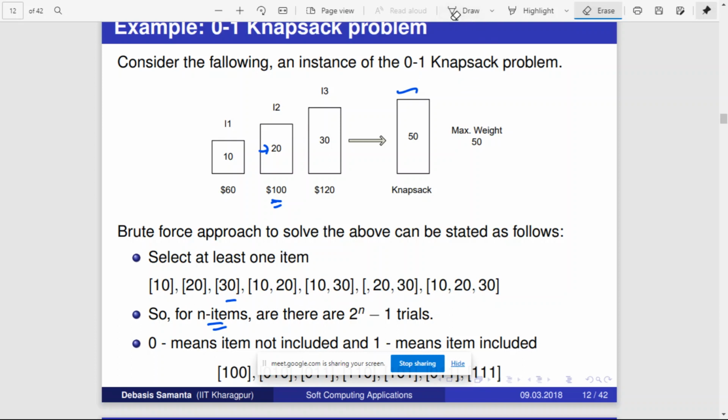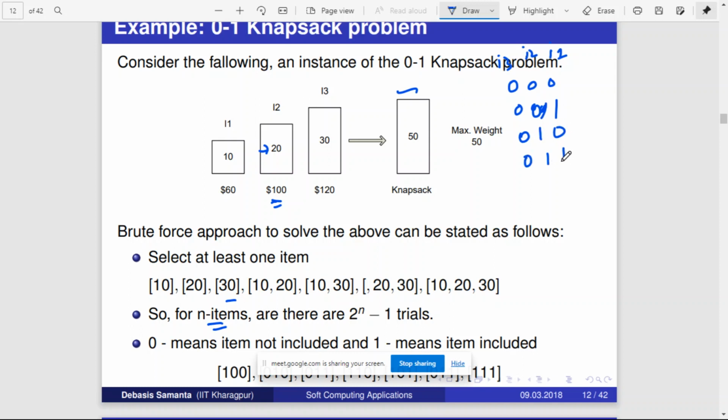So this is nothing but 0 0 0, then 0 0 1. This first one you can ignore, because the thief will not leave without anything. 0 0 1 means, this is item 1, this is item 2, this is item 3, so he is taking only item 1. This means he is taking item 2 alone.